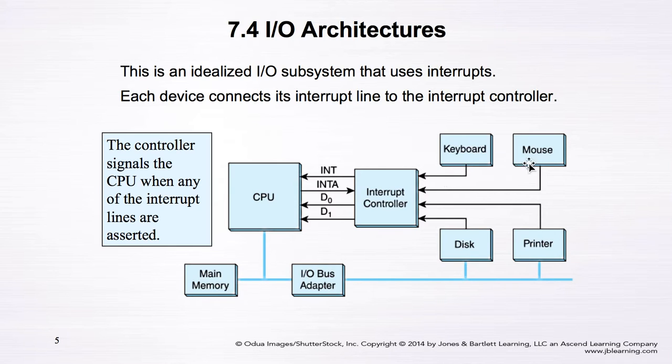So we have the keyboard, we have the mouse, we have the printer, we have the disk right here. So whenever the controller detects any interrupt signal asserted, it's going to inform the CPU, and then we're going to do some processing in order to allow the communication with the I/O subsystem.